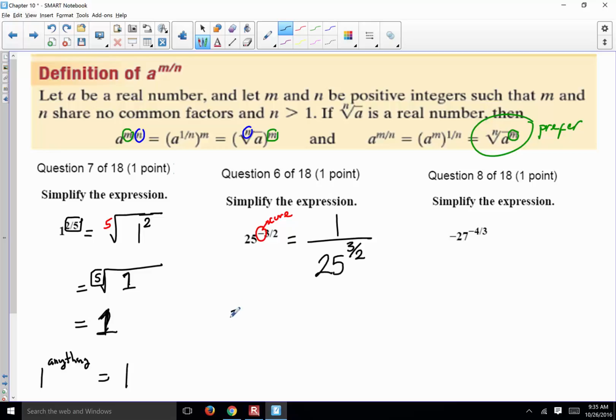Alright, next. This is a positive exponent. I can now make it into a prism. 25 is our inmate. What is the power of 25? Guard is square root. If it's square root, you may skip writing it, okay?